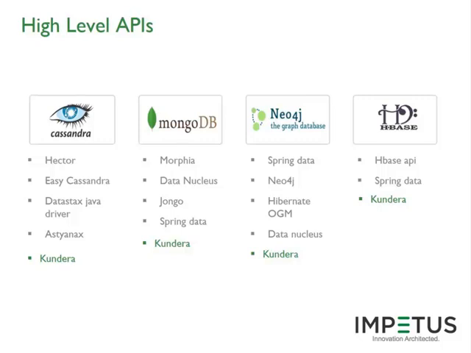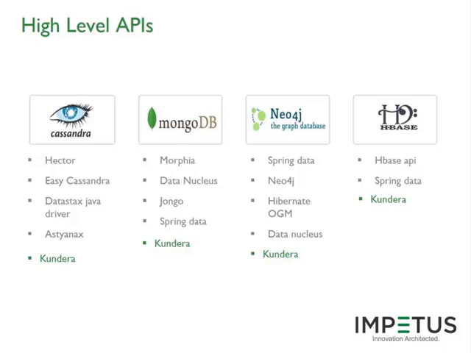For MongoDB, Morphia, DataNucleus, Spring Data. For Neo4j or graph-based, Spring Data, Hibernate OGM. And similarly, there are APIs for HBase as well, which include Spring Data, Asynchbase API, or HBase Java APIs.